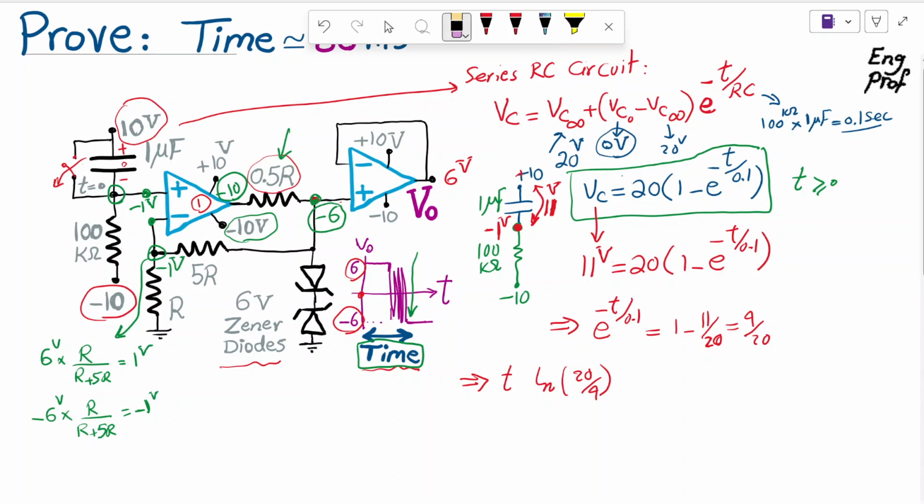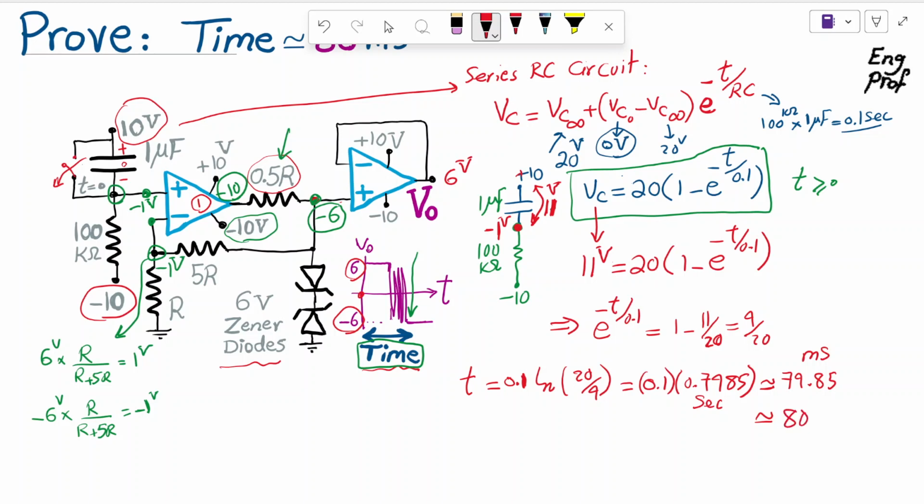I forgot a 0.1, so t equals 0.1 times 0.7985, which is in seconds, so effectively it's the same as saying 79.85 millisecond, which is what we were chasing. So roughly it's 80 milliseconds.